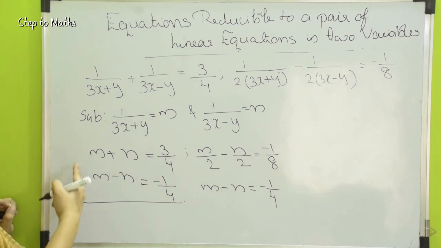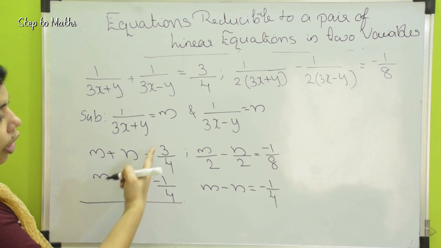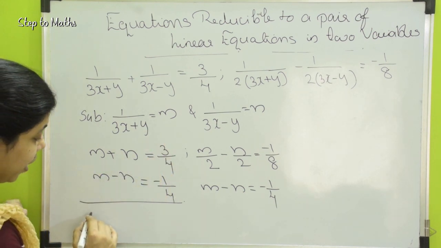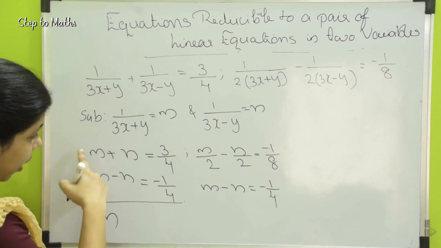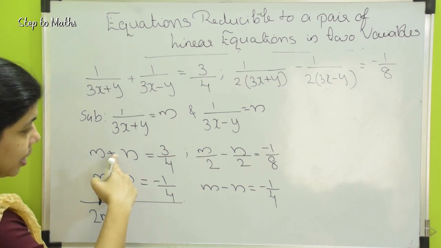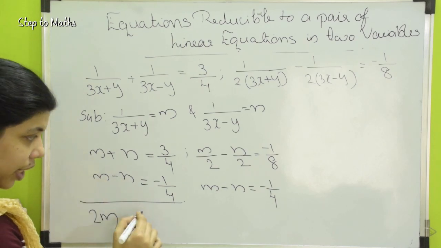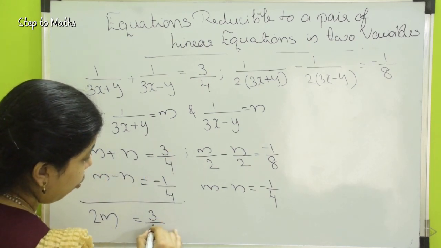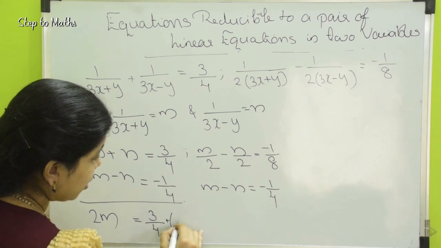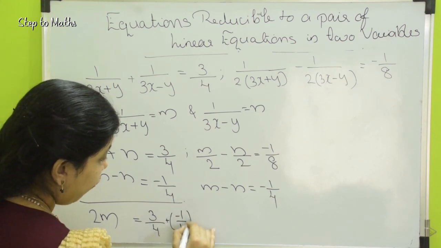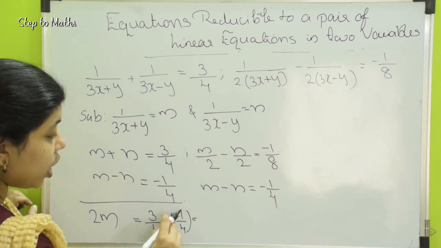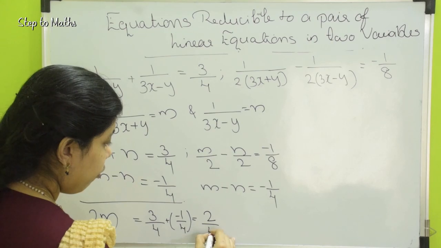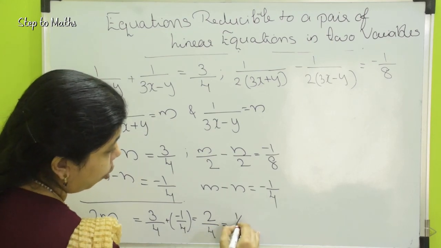If we add these two equations, what will we get? 2m, since m plus m is 2m, and plus n minus n gets cancelled, is equal to 3 upon 4 minus 1 upon 4, which is 2 upon 4, and 2 upon 4 is 1 upon 2.